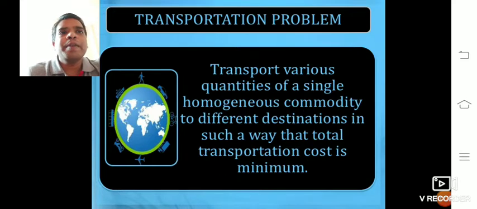Determining the minimum transportation cost of the quantities transported from one source to the other destinations can be done by this technique.